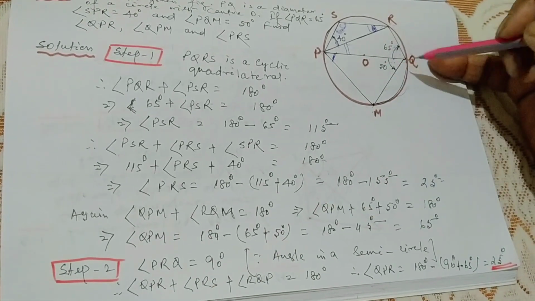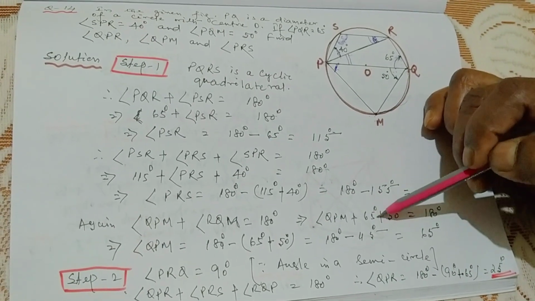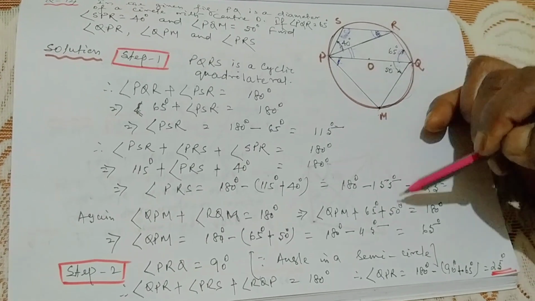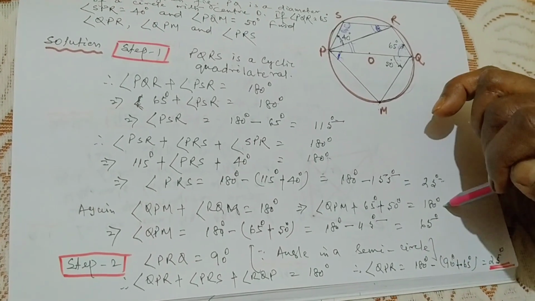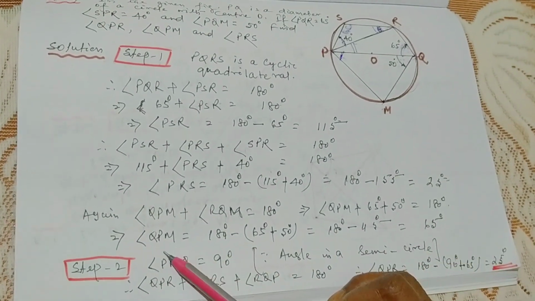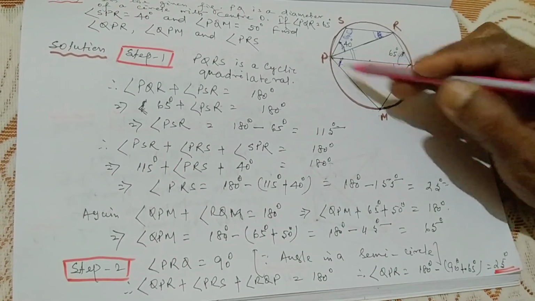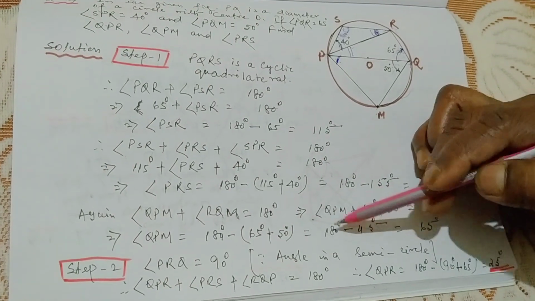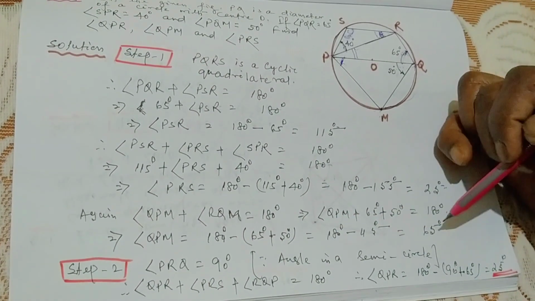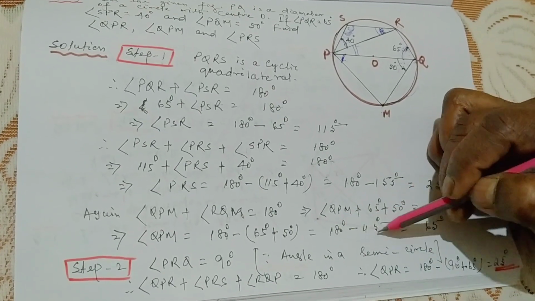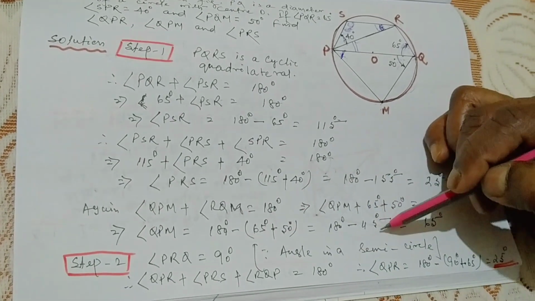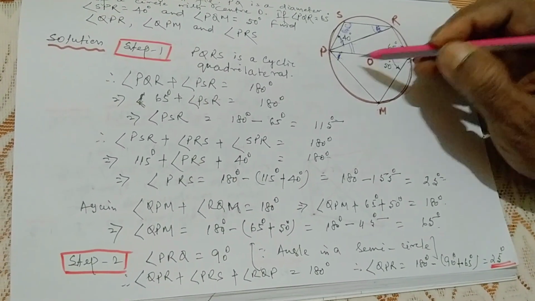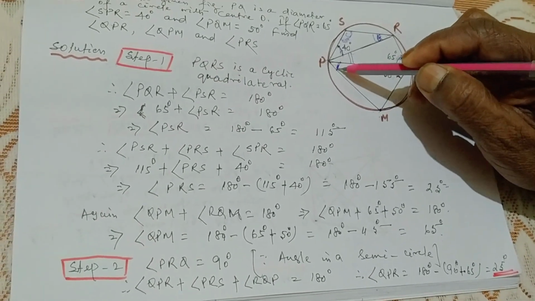Or the value of these two angles is equal to how much? 65 plus 50. And this is equal to 180 degree. So now angle QPM is equal to 180 minus the sum of these two angles. That is equal to 180 degree minus the sum of these two angles, 115 degree. That is equal to 65 degree. That means the value of angle QPM is equal to 65 degree.